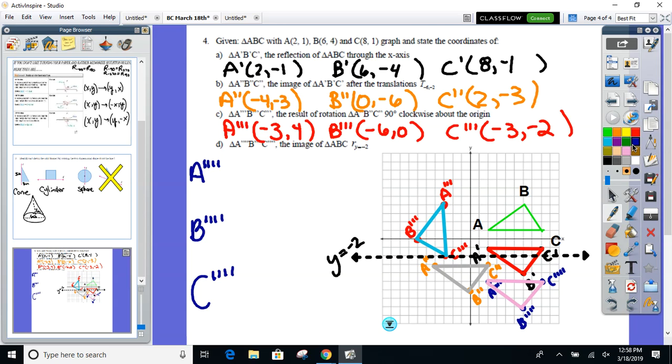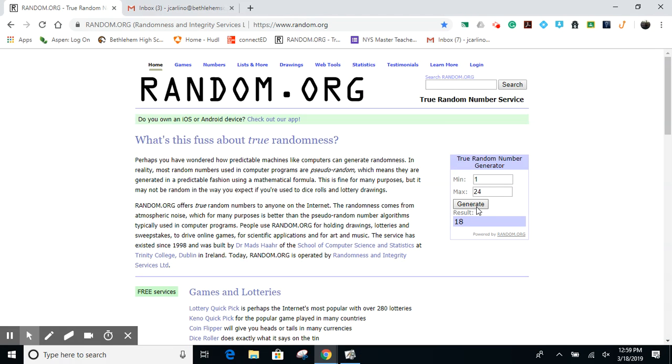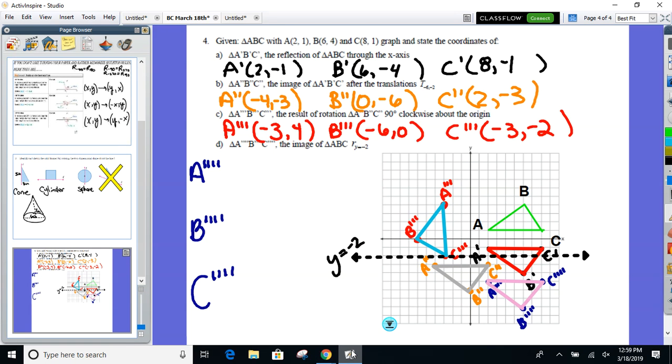Looks like we'll need another volunteer here. Oh wait, no. Oh yeah. No, never mind. +2. I'm done. +2 and -5. Okay, real quick. Hold on. It's correct. If anybody had 2, -3, that's because you're counting from the line of reflection instead of counting from the origin. Rookie mistake.